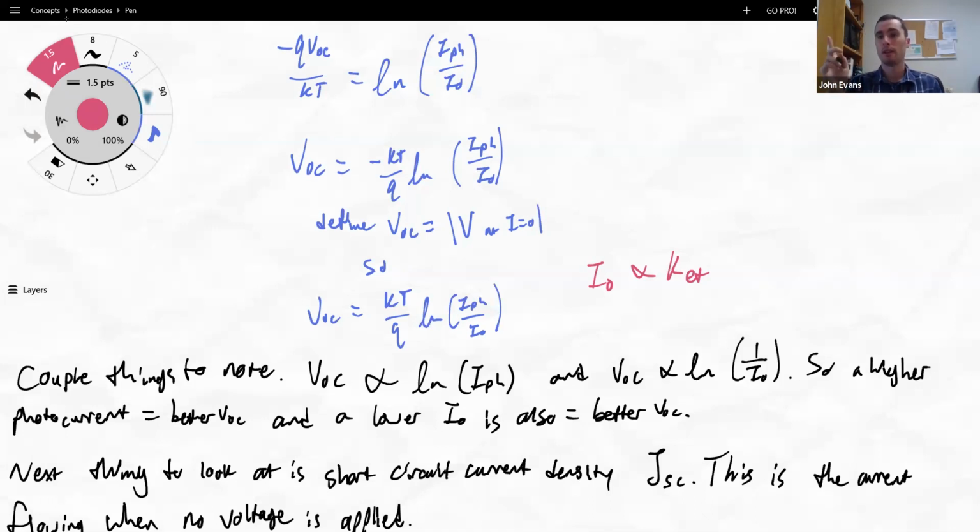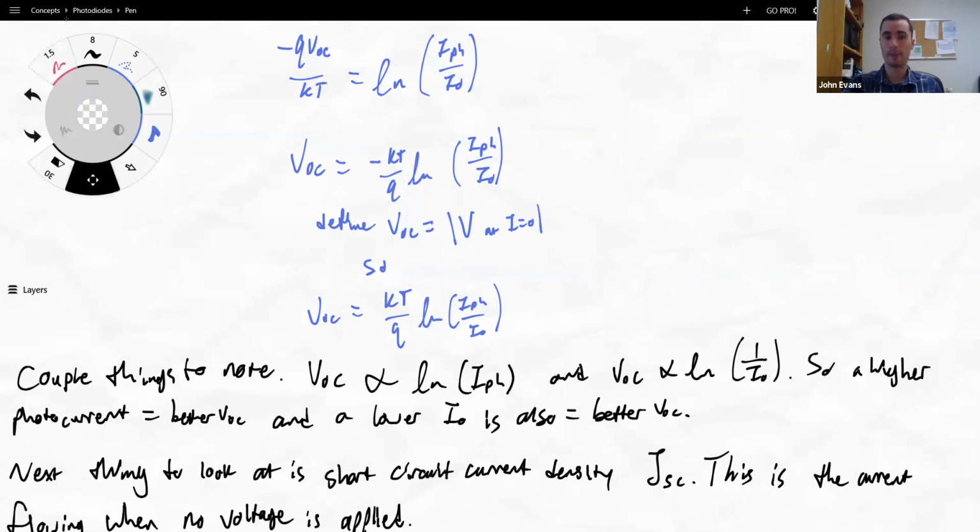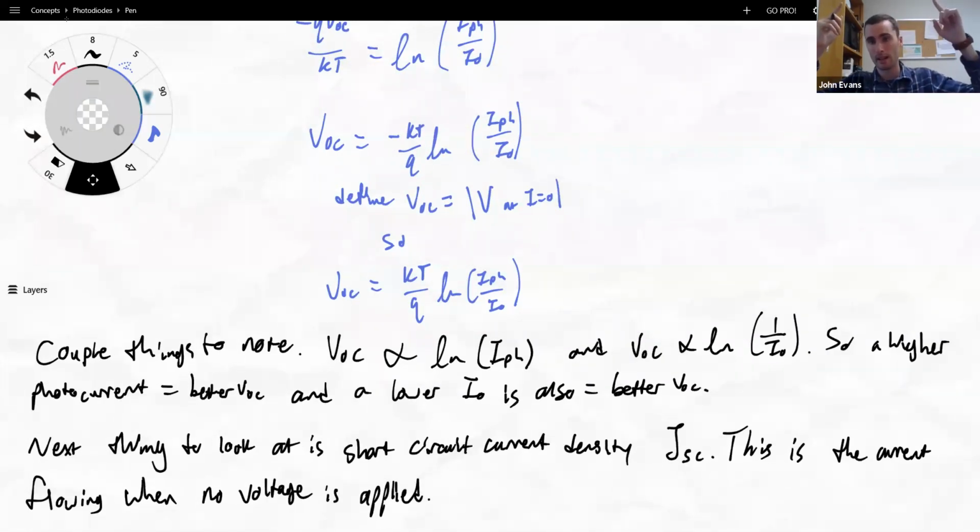So if we have a system which has, say, a lower built-in voltage, or it has really facile kinetics, which means that things are able to move really, really easily, we are going to get a larger dark saturation current. And if we have a larger dark saturation current, we have a worse voltage. So what we want for a good voltage is lots of absorbed light and very little current from other sources, especially from those leaky interactions.